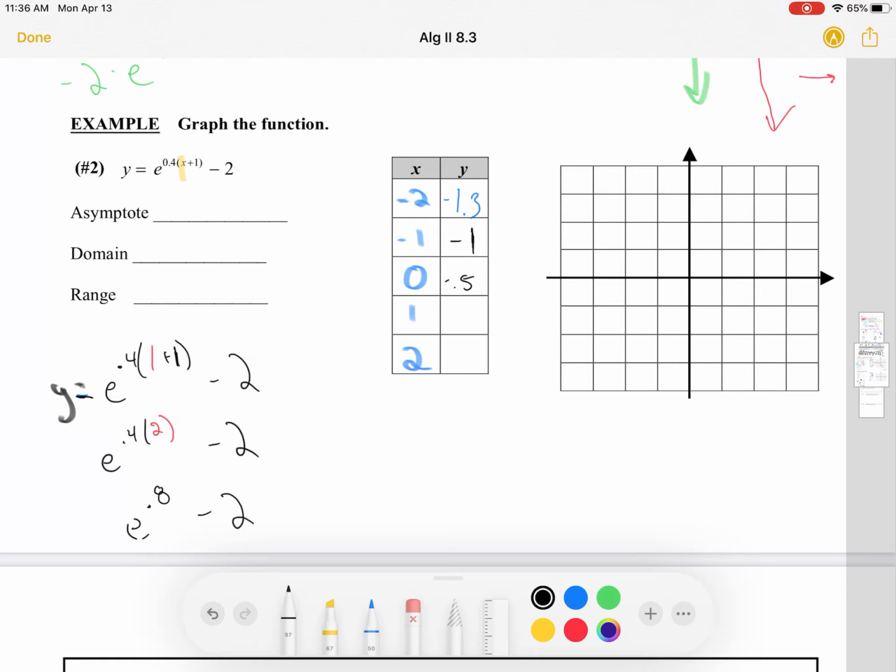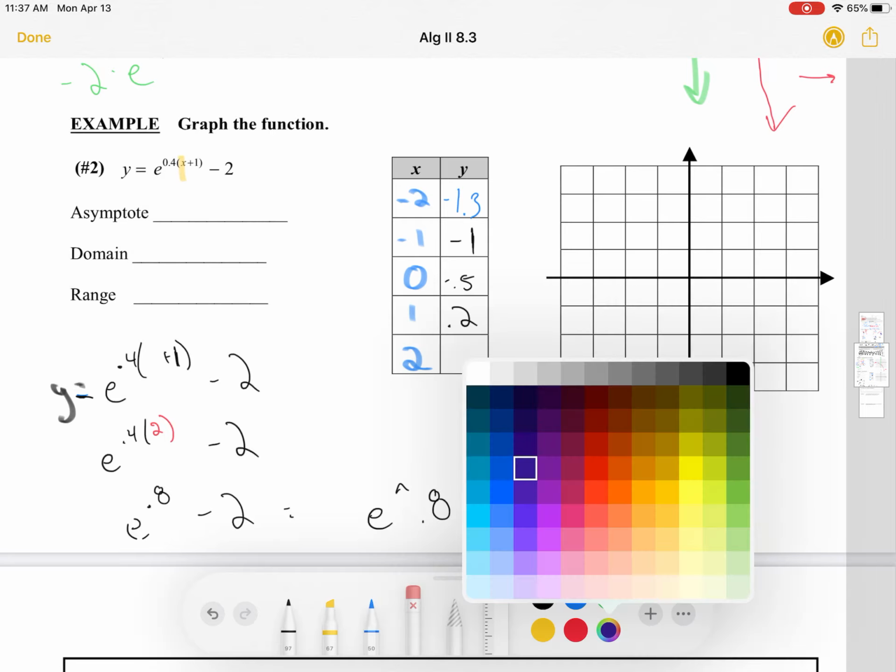On your calculator, you're just going to type in e caret 0.8 minus 2. When you type that in, it should be 0.2255. So when you type in 1, you should get 0.2.